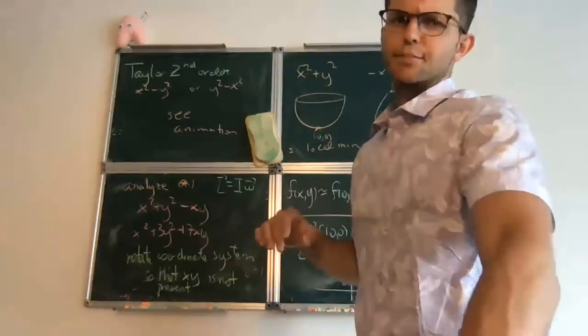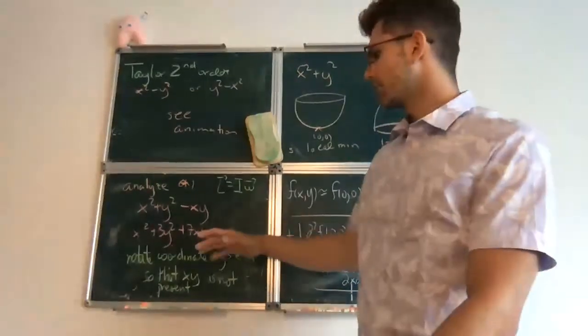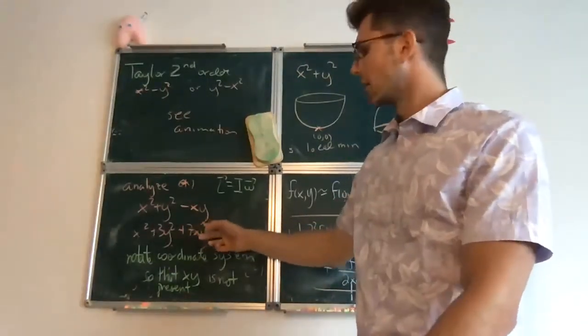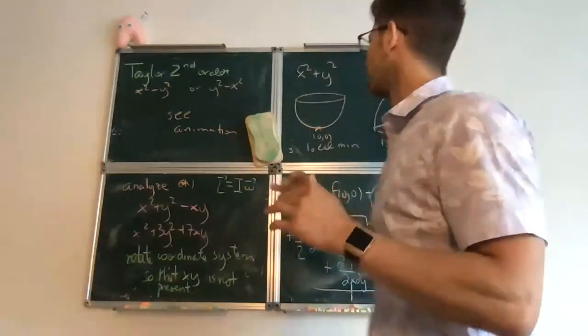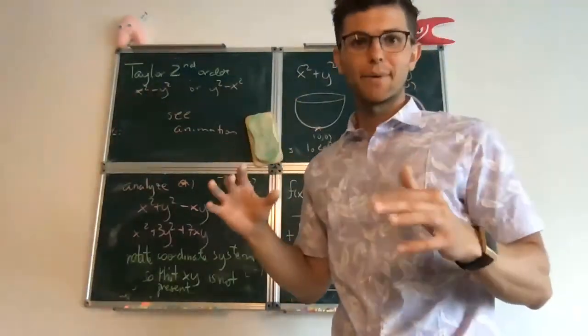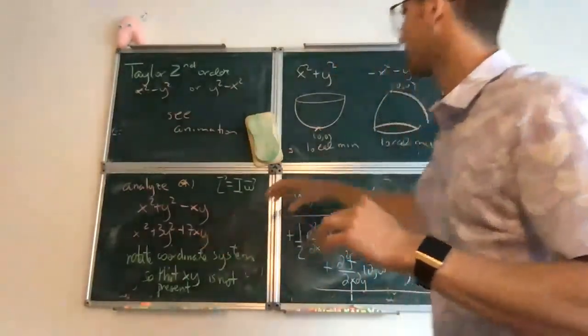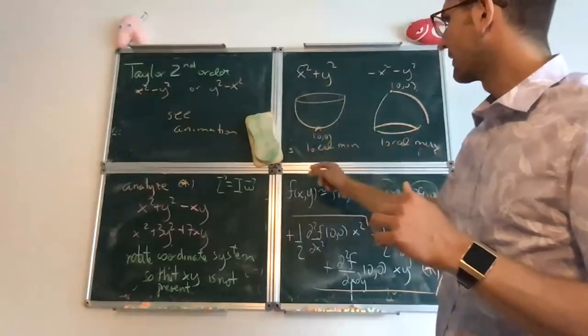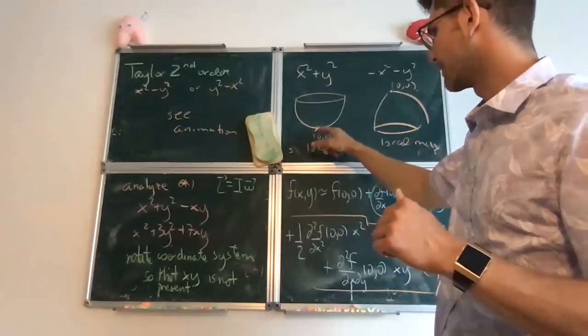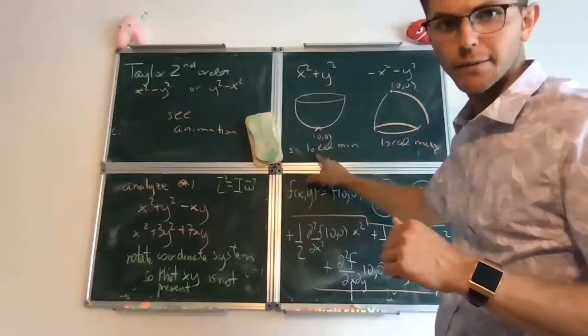Sorry, there was a glitch, but I was just saying that once you can kill the mixed terms, understanding what's going on becomes a lot easier. There are just three things that can happen. The first option is that your function looks like x squared plus y squared. In that case, the origin, (0, 0), is behaving like a local min.